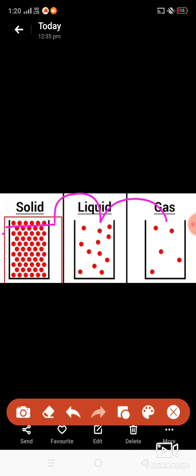In this solid state, the force of attraction between the particles is very very high, so these particles of solid matter attract each other. In this condition, particles of liquid matter also attract each other, but less, because the force of attraction is very much less compared to solid.